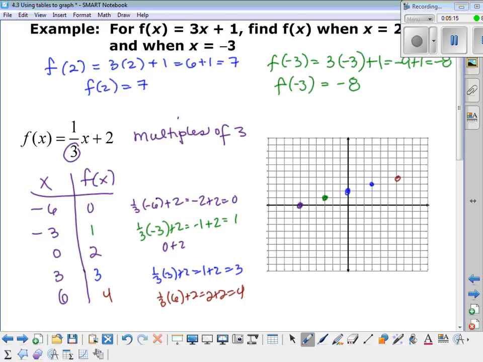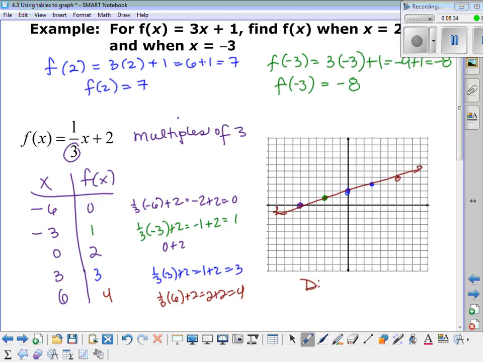If it's a line and you see the pattern, it should follow that pattern. It's a good idea to just make sure though, but if it's not following the pattern, then check your work to see what happened. Maybe you messed up a negative or something. But yes, it should be following a pattern on the right side. Okay, then we just draw your line through the points.